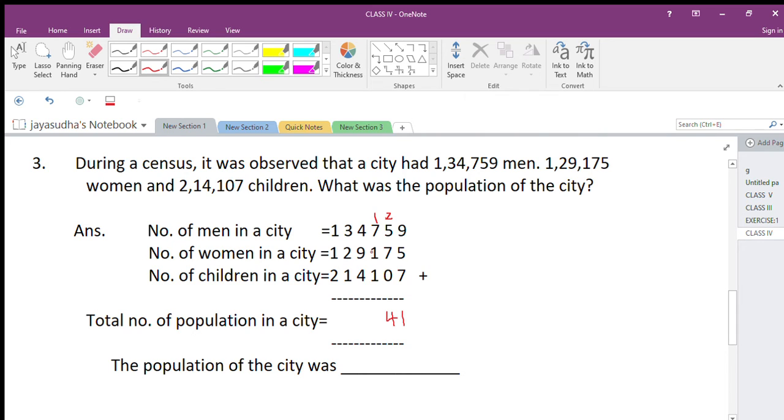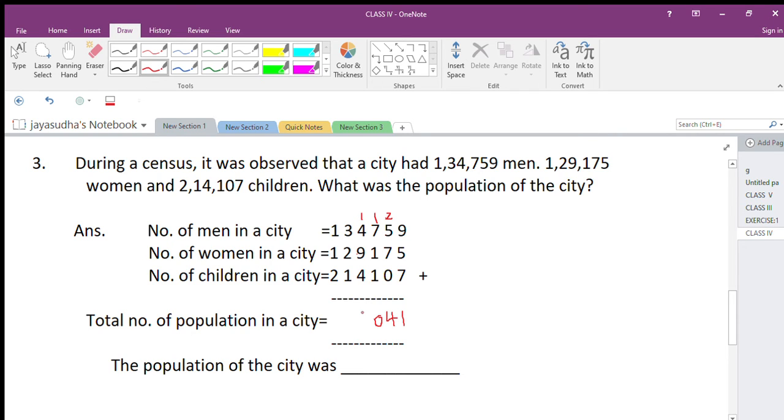Okay. 1 plus 1 is 2. 2 plus this 7 is 9. 9 plus this 1 is 10. 10 means you write 0 here, and 1 is carried to the next column. Now 4 plus 9 is 13. 13 plus this 4 is 17. 17 plus 1 is 18.